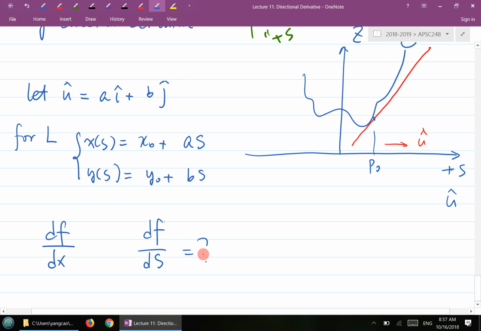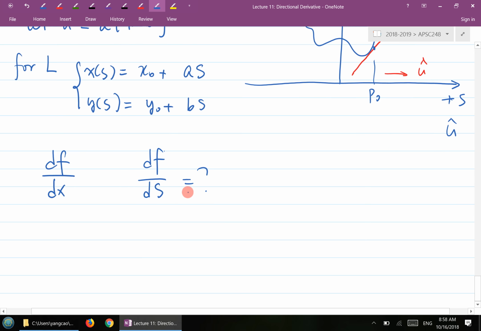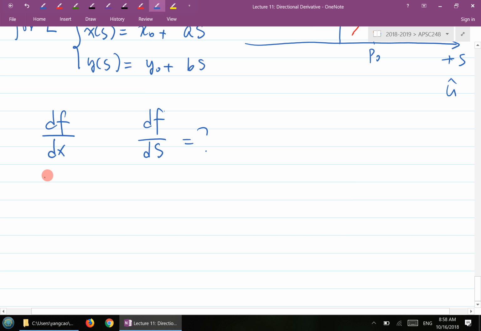If you move in the positive displacement s a little bit, how does that result in the change in the function f? That's df over ds. Notation-wise, is it clear? Yeah. So I will give you a formula for df over ds now, but I will write down the formal definition for the directional derivative first.